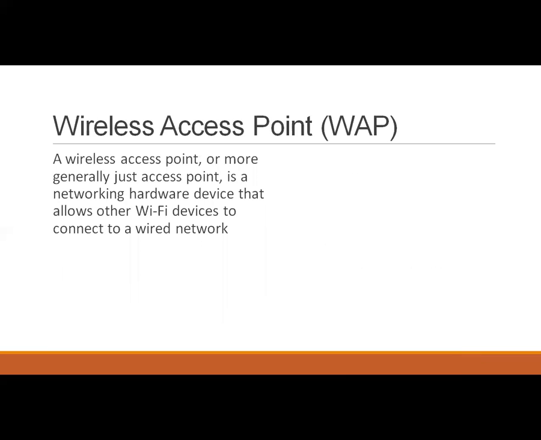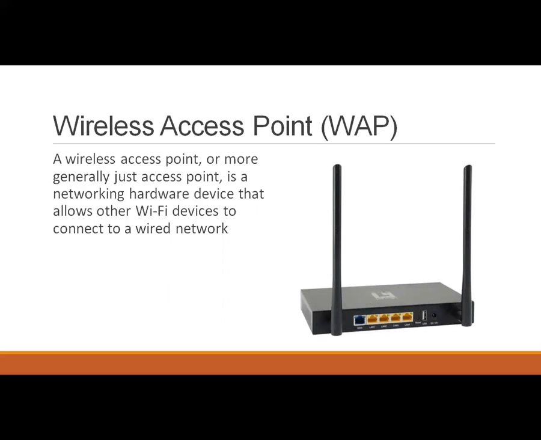Then we have wireless access points or WAP. A wireless access point is something that gets the connectivity through a cabled, a wired connection, and then it lets other devices connect wirelessly to it. Imagine your home wireless internet modem.